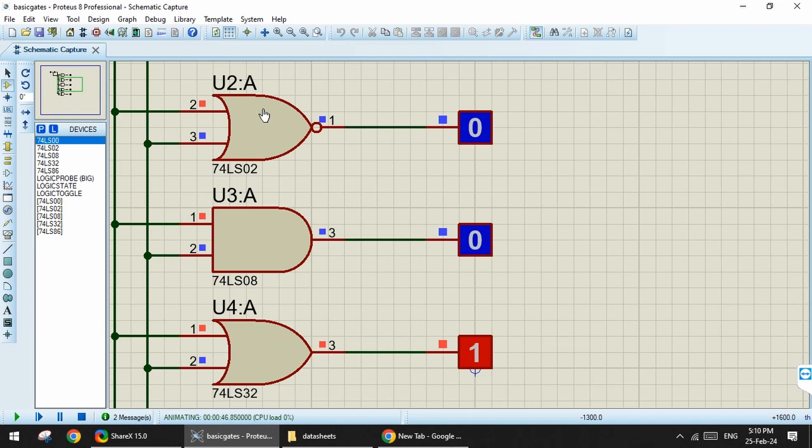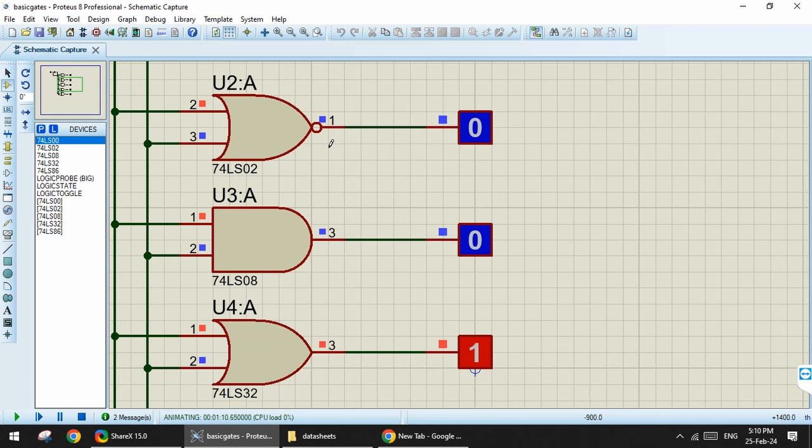For example, how do I know that I have to apply inputs at pin 2 and 3 over here in case of 74LS02, and how do I know that I have to apply the inputs at pin 1 and 2 of 74LS08, and the output in this case is at pin 3, whereas in case of 74LS02 it is at pin 1.